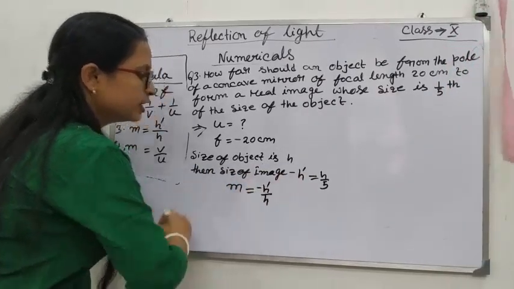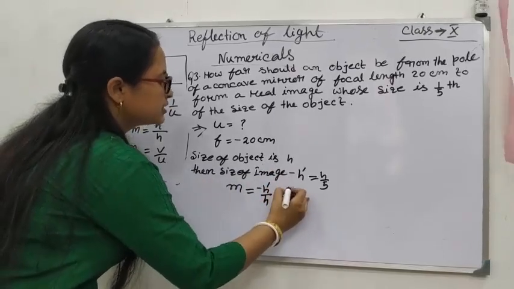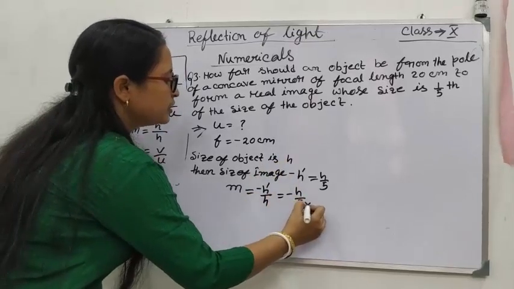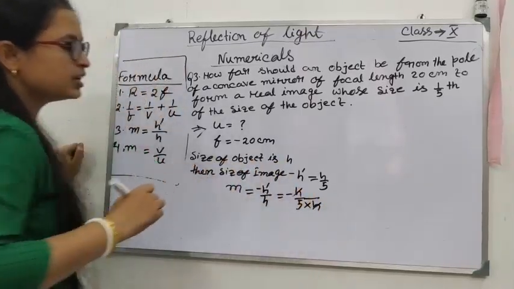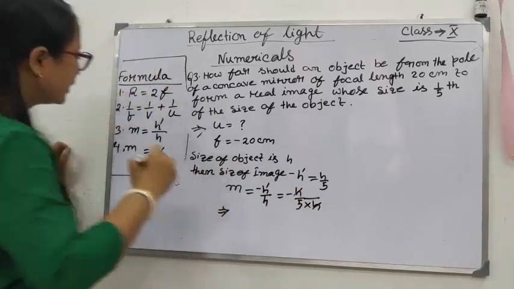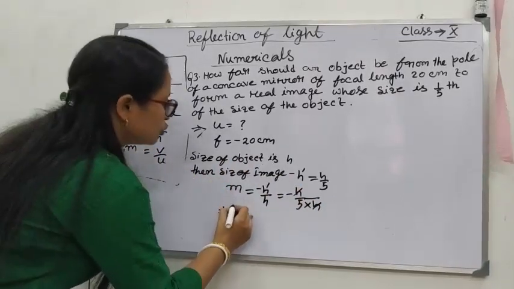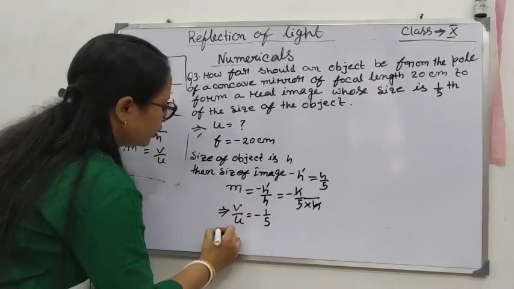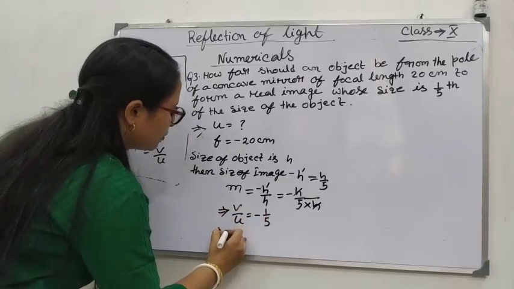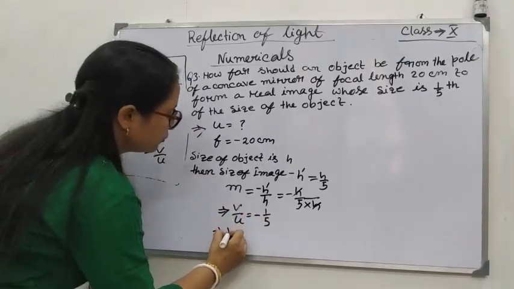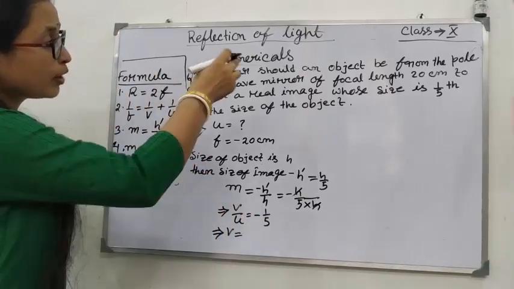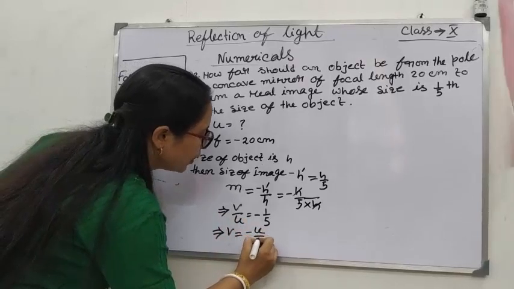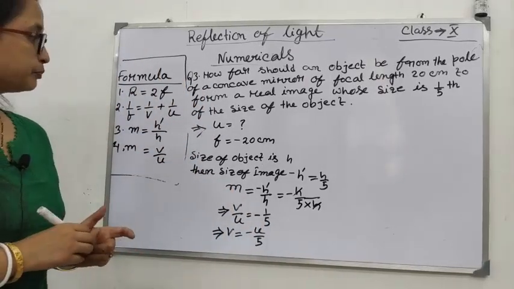As h dash is negative here, you place h dash as minus h by 5 divided by h. So h cancels, and 1 by 5 will be there. Now again m means v by u also. So v divided by u is equal to minus 1 by 5. We will find v in terms of u, because we want to find the object distance. So v is equal to minus u by 5. Clear?